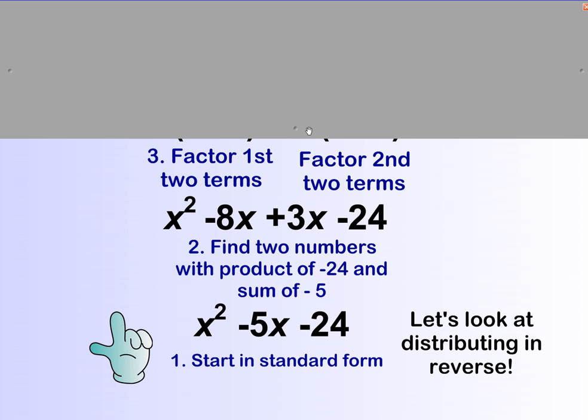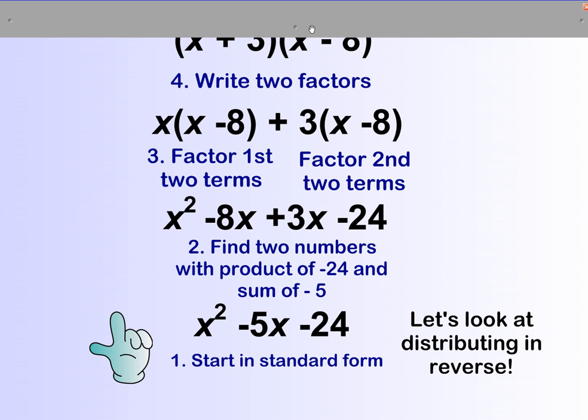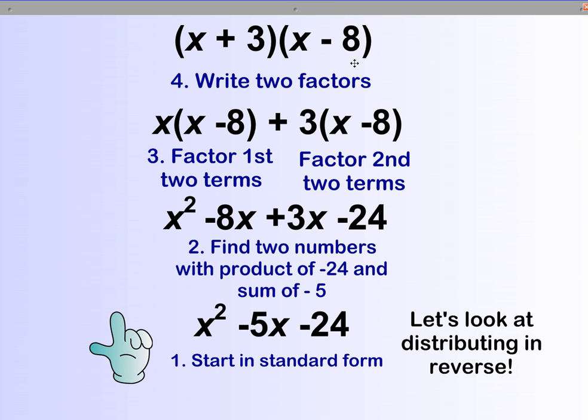Then we want to factor the first two terms, so the x squared and the 8x, and factor the second two terms, the 3x and the negative 24, and we end up with x times x minus 8 plus 3 times x minus 8. So we factored out what they had in common, and then if we write the two factors up here, we're left with x plus 3 and x minus 8.